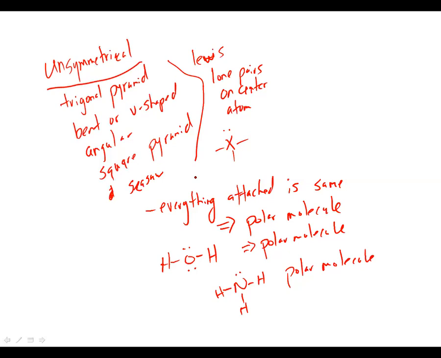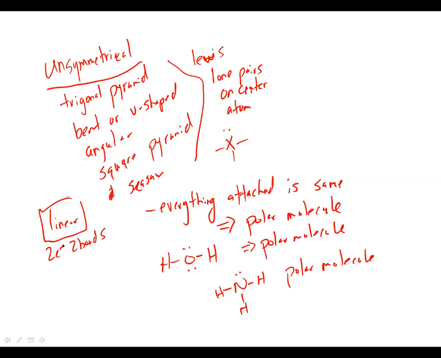Now, what that leaves you is a couple of things you do have to watch out for. The first thing is linear in terms of the molecular geometry, and that is our 2 electron pairs and 2 bonds, linear.